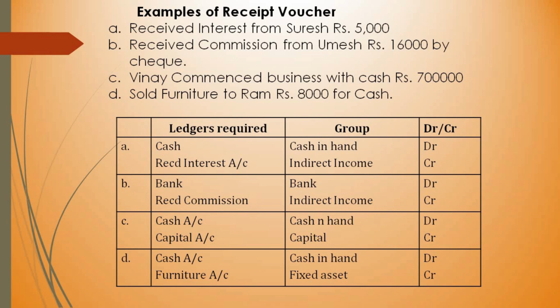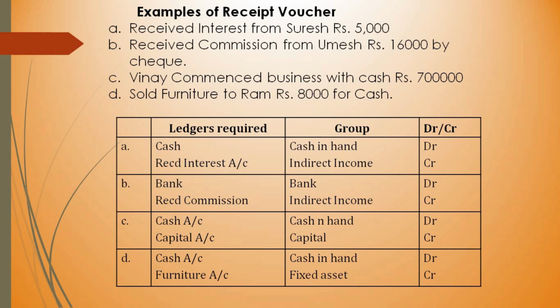First one, received interest from Suresh rupees 5,000. Received commission from Umesh rupees 16,000 by check. Vinay commenced business with cash rupees 7 lakhs. Sold furniture to Ram rupees 8,000 for cash.